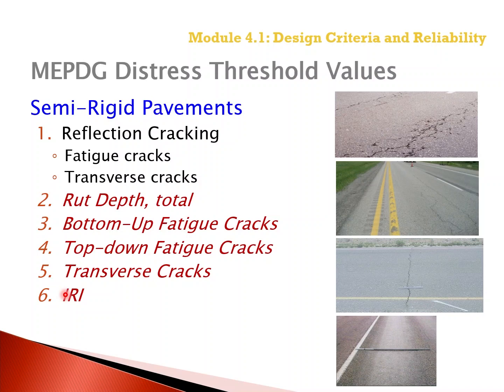The asphalt layers, any unbound aggregate base layer, as well as the subgrade. So those are calculated separately in the software, but the manual of practice suggests that only the rut depth that we can see and measure at the surface be used as the design criteria or the threshold value to determine acceptability of a design.